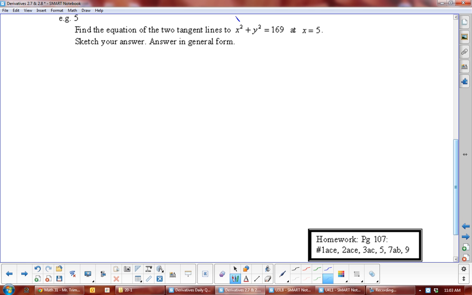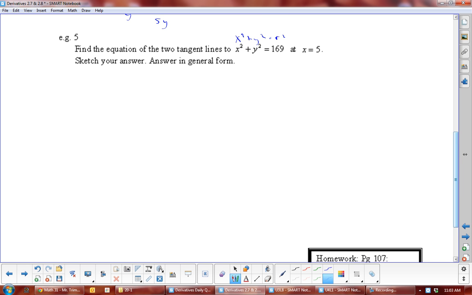Now, this is an equation of a circle, x squared plus y squared equals r squared. So if it's r squared, what do you think the radius is?